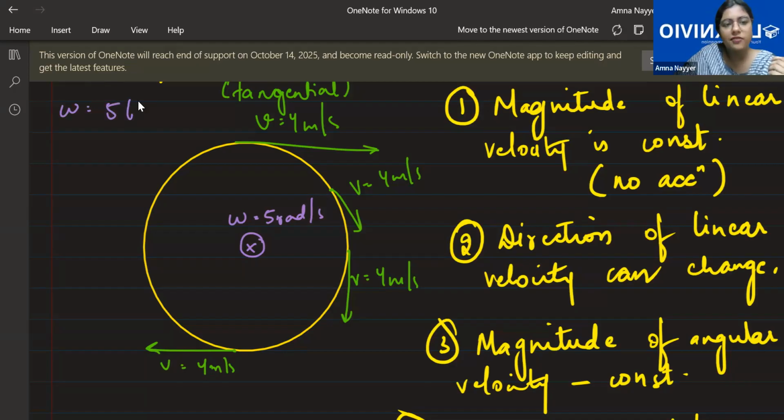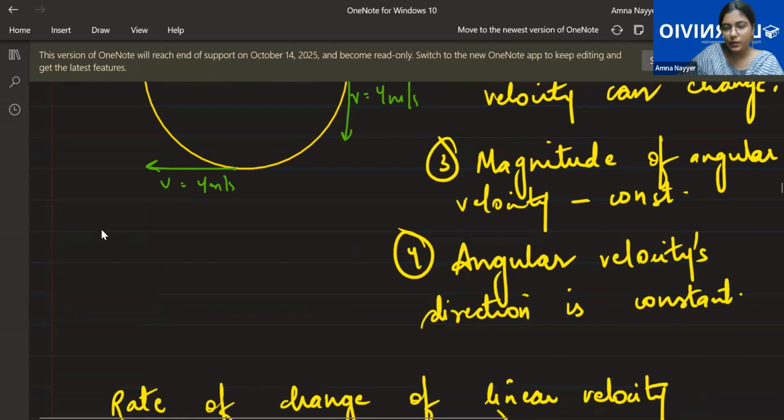So for 5 radian per second, this shouldn't be variable. It cannot be 5 t square radian per second, like anything that is having a variable function. Variables cannot be there. It should be a constant value, and the direction should also be constant. For angular velocity, both the things have to be the same.